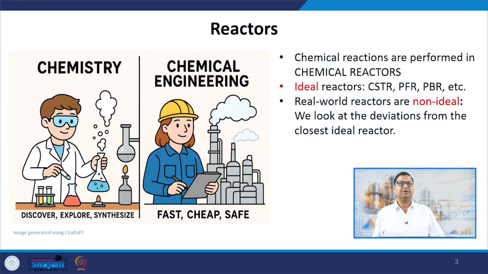So, when we talk about chemical reactors, you can imagine it as being the heart of a chemical plant. That is where the chemical reactions do take place, right. And when I talked about the difference between chemistry and chemical engineering, I have emphasized how it is a problem of scale. When we are doing something in the lab, we are working in a small scale, and the idea is more to discover, explore and synthesize new kinds of compounds.